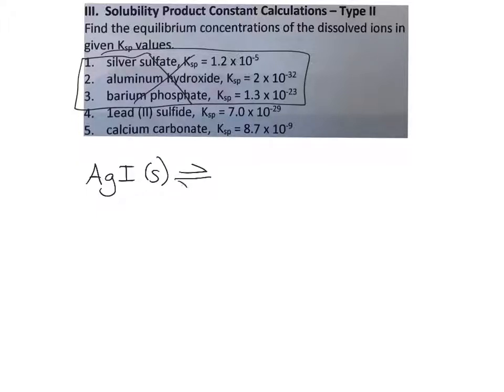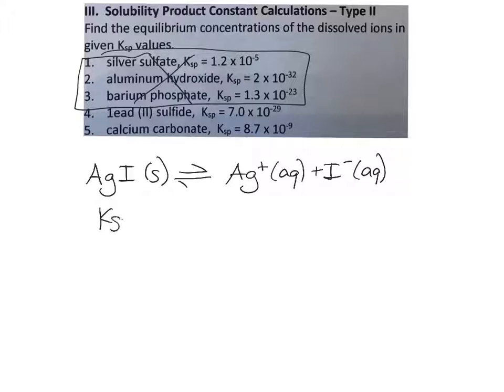Let's do a sample of one of these that's not on this sheet. Let's consider the salt silver iodide. This is going to dissolve into silver ions and iodide ions. Again, we don't have I2 here because it's not an element, it is an ion.